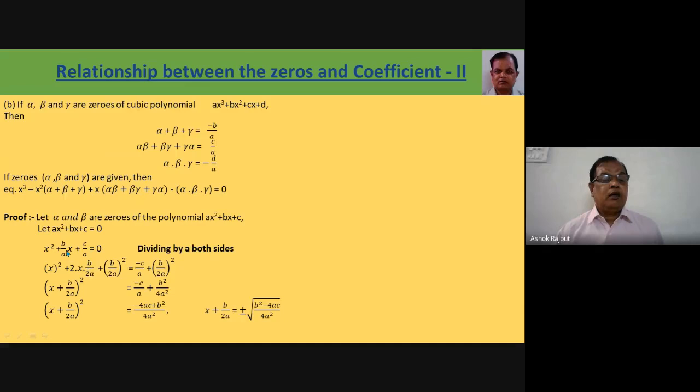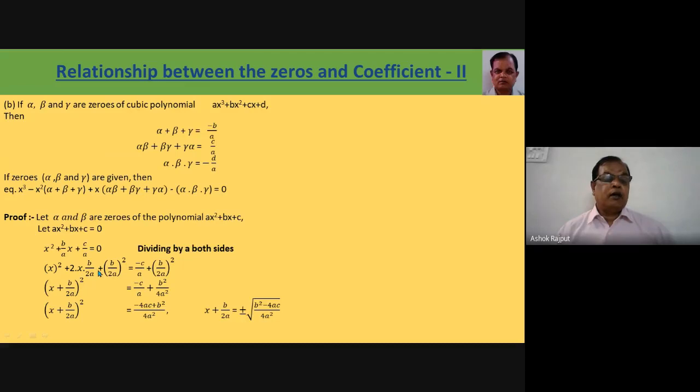Then we already have b by a written, so we write b by 2a. Why have we written b by 2a? If we cancel the 2, it will be b by a, as it is written here, b by a. Now it is the 2ab form, so the value of a is x and the value of b is b by 2a.